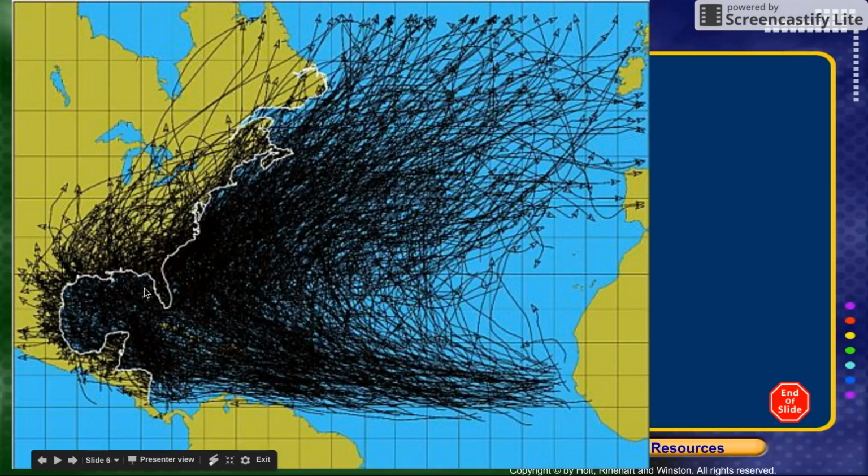And once they start turning north, they start turning right because of the Coriolis effect and because of the westerlies that blow from west to east up here once you get up to about Florida. So hurricanes start out down here, they go west, they come up towards the U.S., and they turn off to the east. Look how Florida just gets crushed by these things quite regularly. So if you build down in Florida, you got to be prepared for hurricanes.